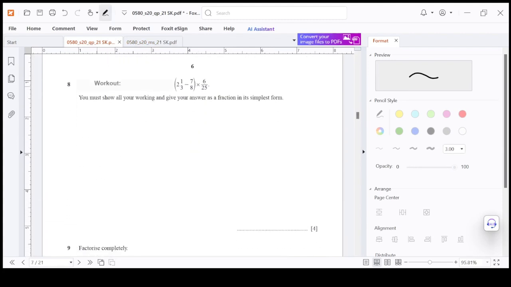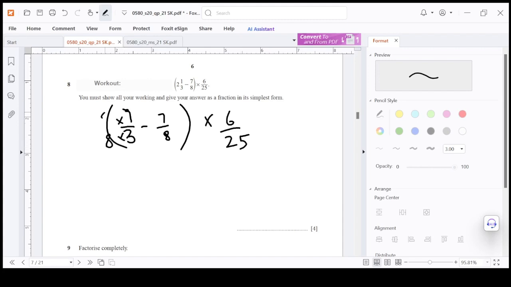Work out this without a calculator, of course. 3 2s are 6, plus 1, 7 upon 3, minus 7 upon 8. This is 7. Okay, times 6 upon 25. We'll have to make the denominators the same, so times 8 and times 3. It's going to be 24. That is going to be 56.